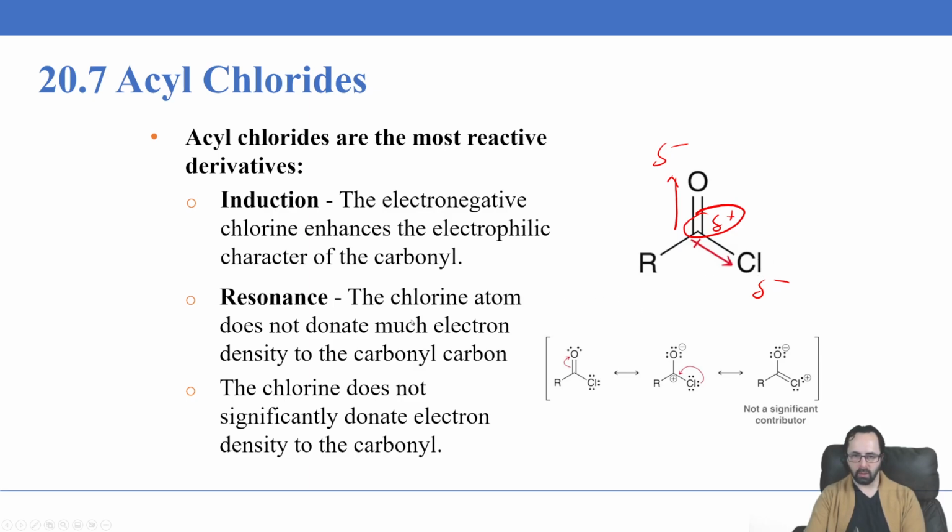In terms of resonance, the chlorine atom does not donate much electron density to the carbonyl, but it does a little bit. So here, for example, we can draw a resonance arrow of a pi bond between two atoms of differing electronegativity, and so that puts an oxygen here with 3 lone pairs and one bond giving it a negative formal charge.